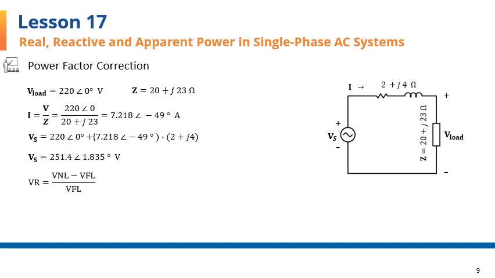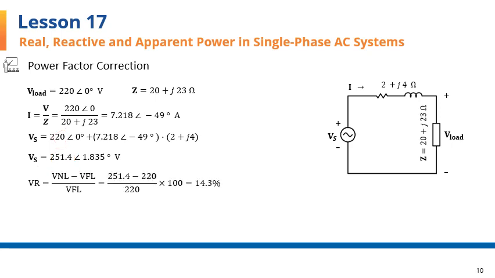So voltage regulation is defined as voltage at no load minus voltage at full load, divided by voltage at full load. We have all the values. I have to emphasize that we only use the magnitudes for these. So the magnitude of no load voltage is 251.4, and the magnitude of the full load voltage is 220.